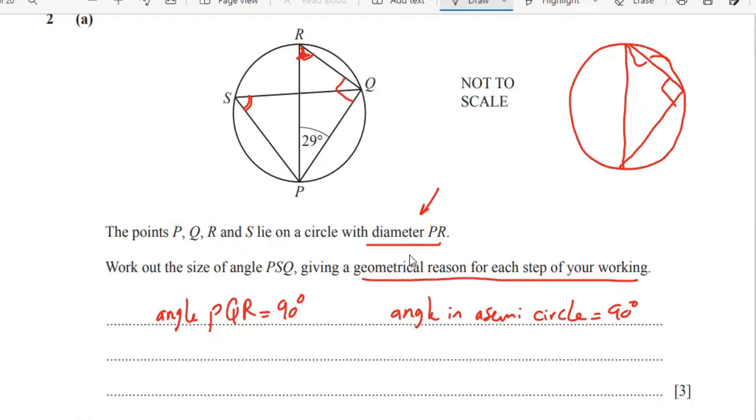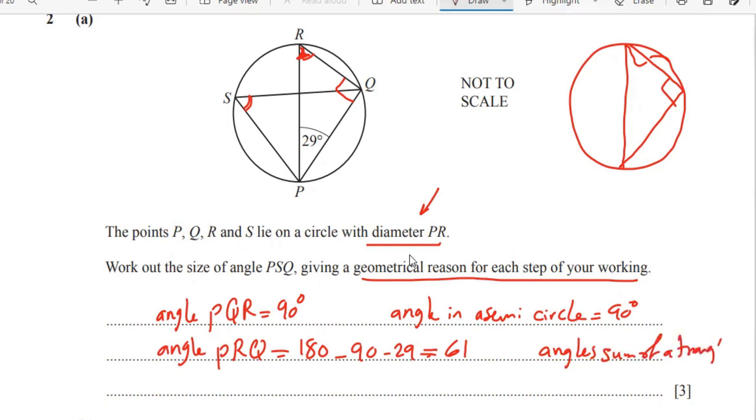So angle PRQ is 180 minus 90 minus 29, which is going to be 61. And the reason here is the angle sum of a triangle is 180 degrees, or add up to 180 degrees.